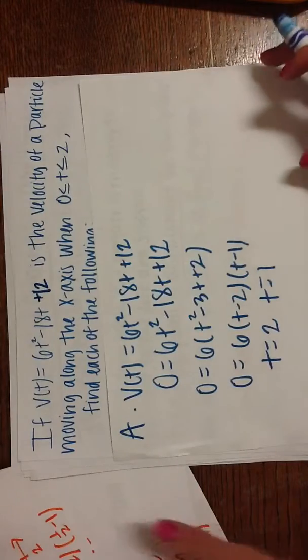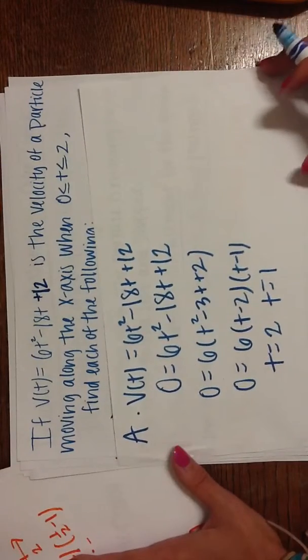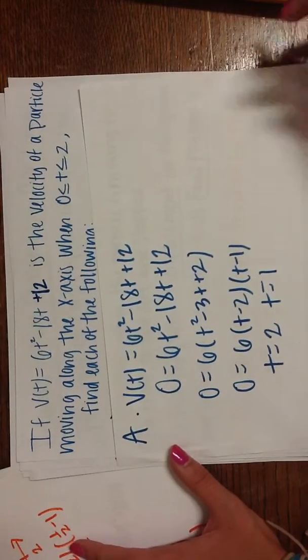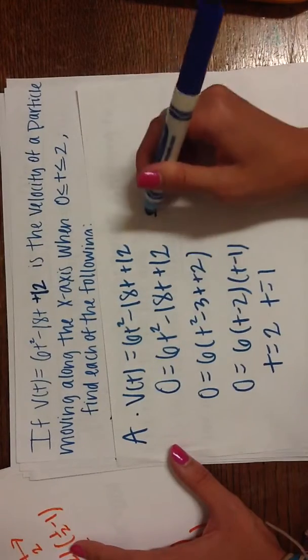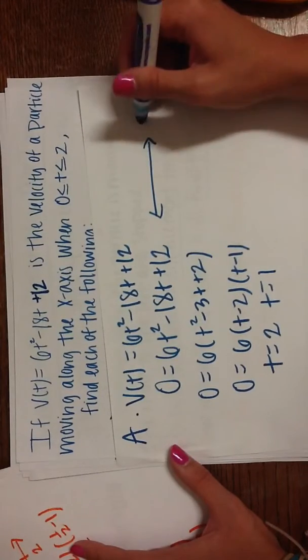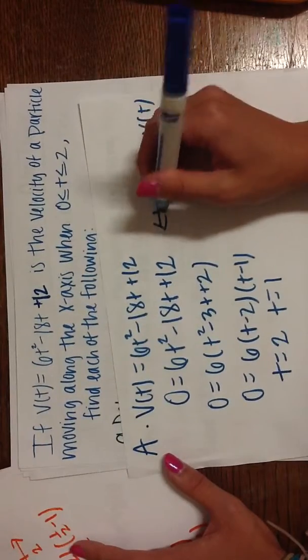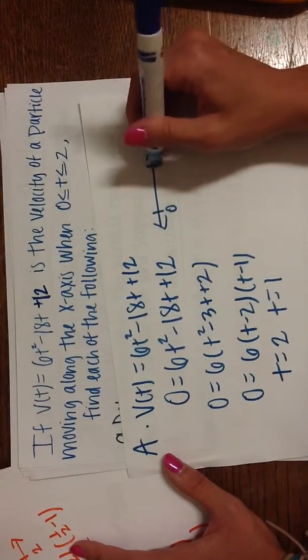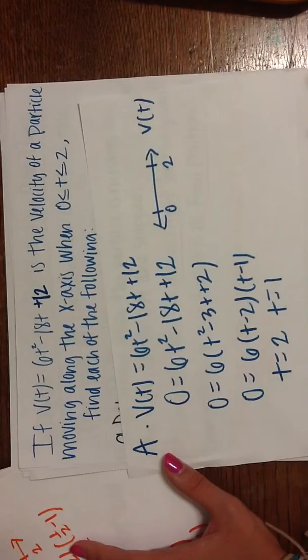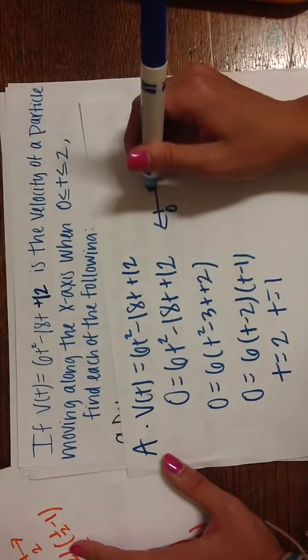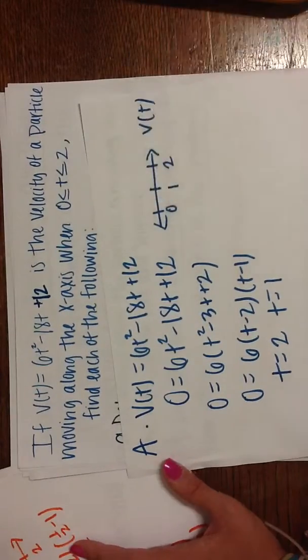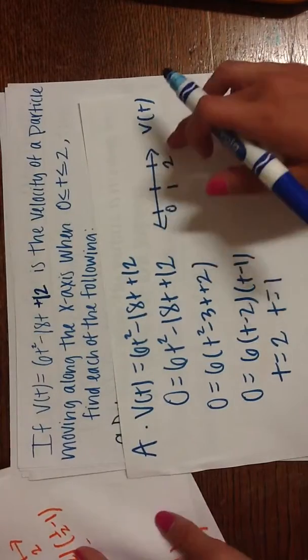Next, we are going to plot the points of time when the particle stopped on a line of velocity. We're going to plot the points of the range, because time is between 0 and 2, as well as the points where the particle stopped, which is 1 and 2.